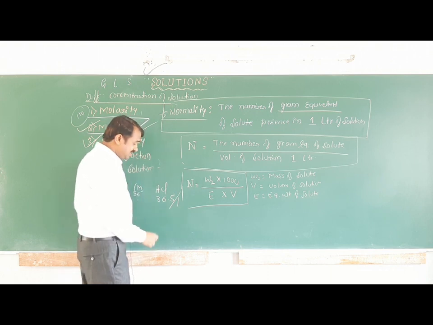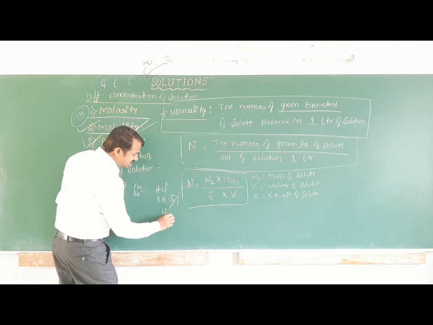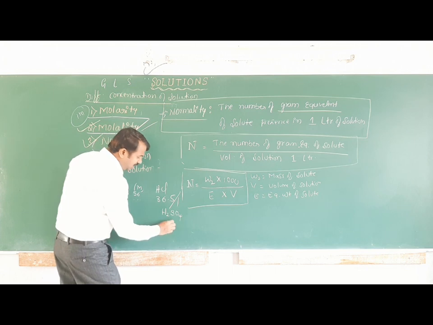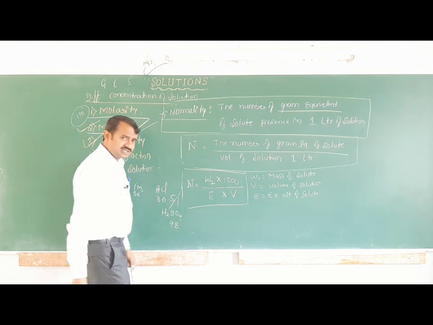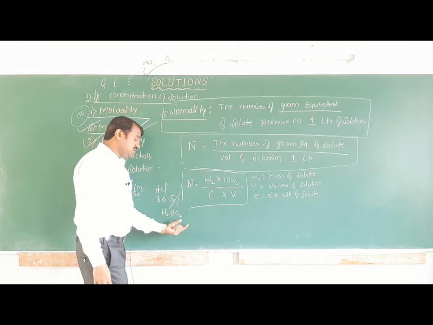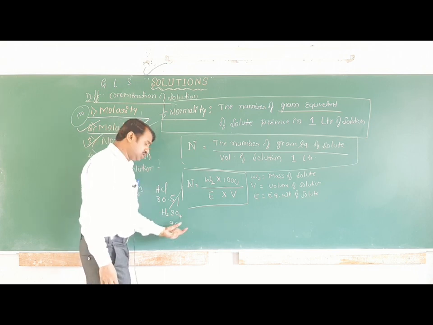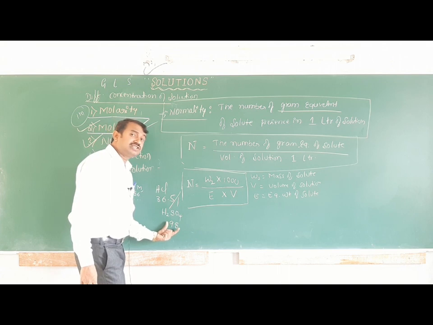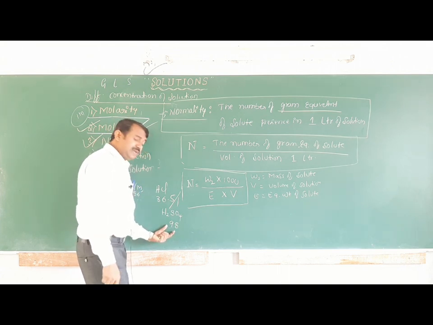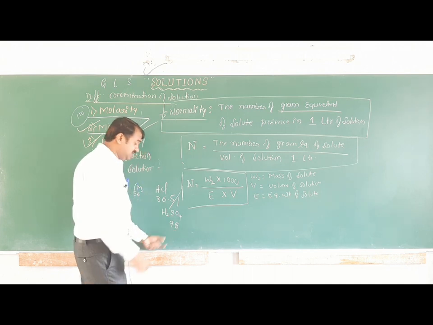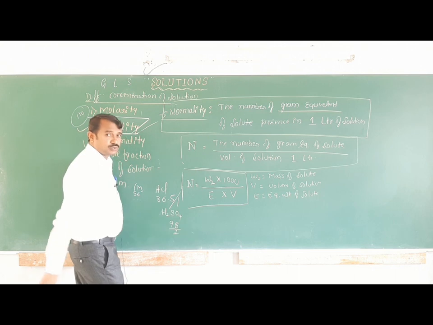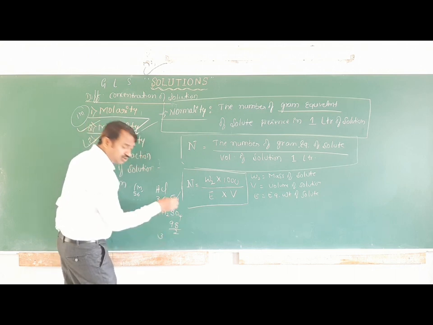Suppose I write sulfuric acid. The molecular weight of sulfuric acid is 98 gram. For molarity, 98 gram dissolved in 1 liter of solution is called molarity, the number of moles of solute. For normality, sulfuric acid is a biacid, so you divide by 2. For a triacid you divide by 3.